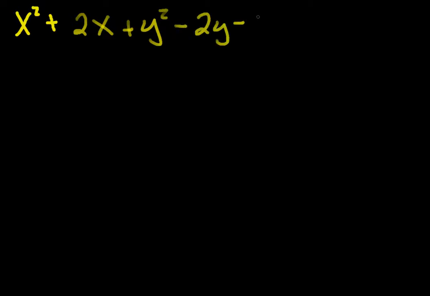So let's look at an example. Say I've got x squared plus 2x plus y squared minus 2y minus 4 equals 0. Now, on first blush, this doesn't look like the equation of a circle.